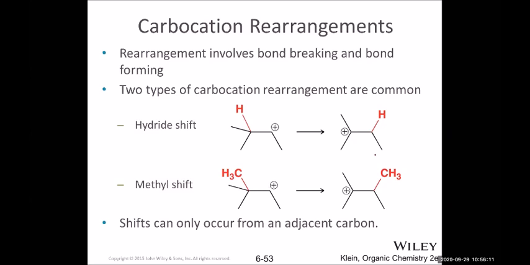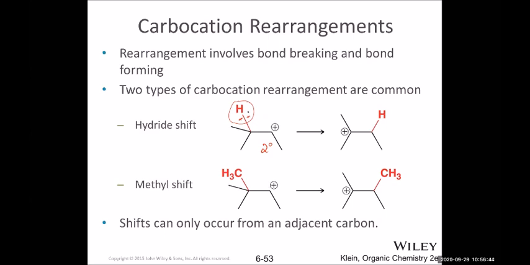And so for carbocations, there are two kinds of rearrangement. This is the first example: a secondary carbocation, 2 degrees. The rearrangement comes from the hydrogen. The hydrogen takes 2 electrons with it together and changes location to here.